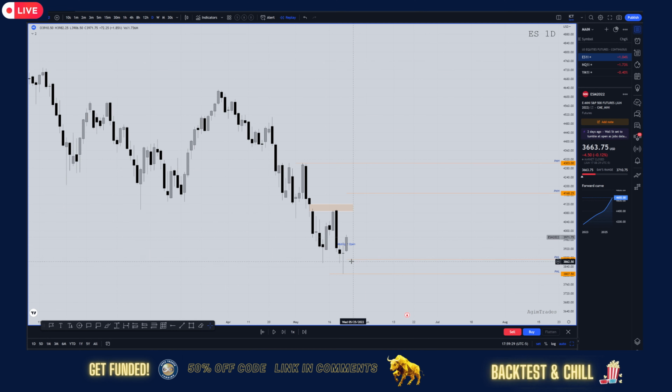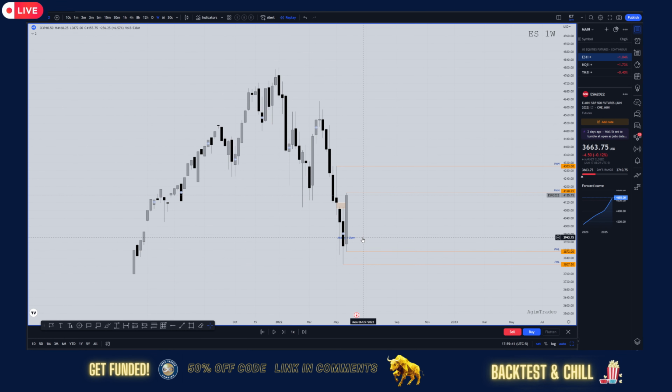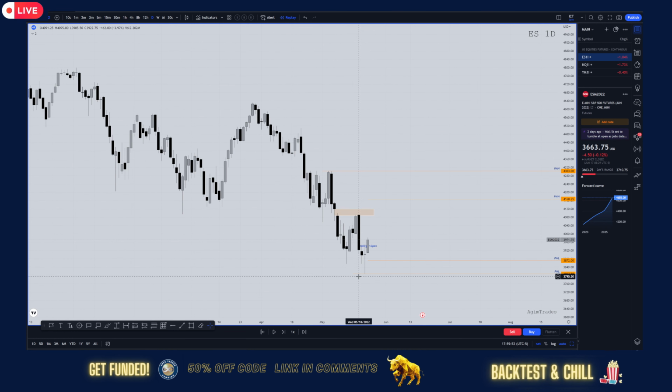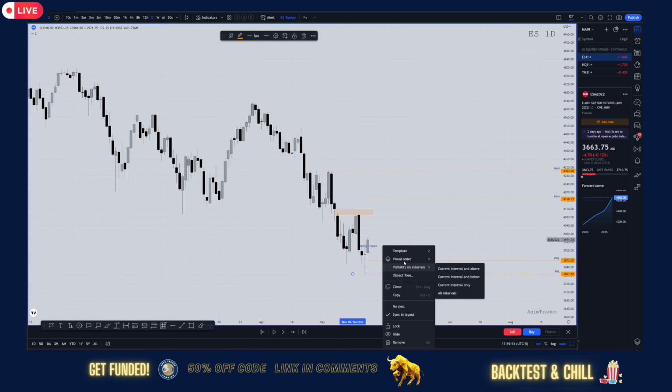So we could actually see it attack previous... Do I have that right? Previous week lows are here. Doesn't make much sense. All right, let me move these. So previous month low is really irrelevant.